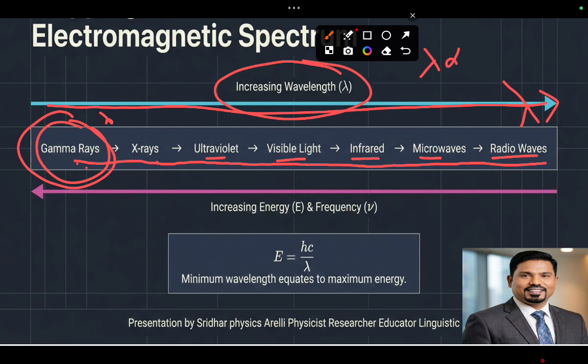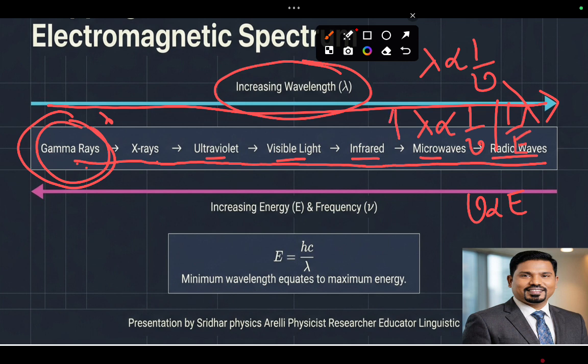Wavelength is reciprocal to frequency. Frequency is proportional to energy, so wavelength is reciprocal to frequency and to energy.